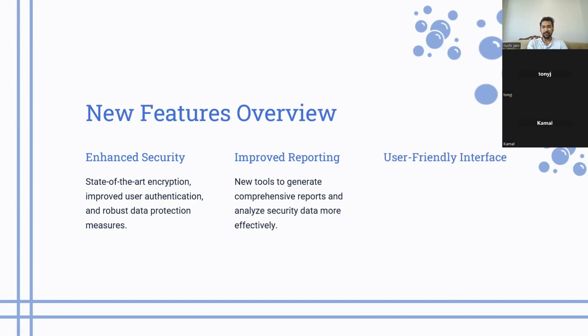For the user-friendly interface, we use different GUI platforms. So if you want to see any streamlined information easily, you can see the dashboard, the reports, and the system logs from the product.